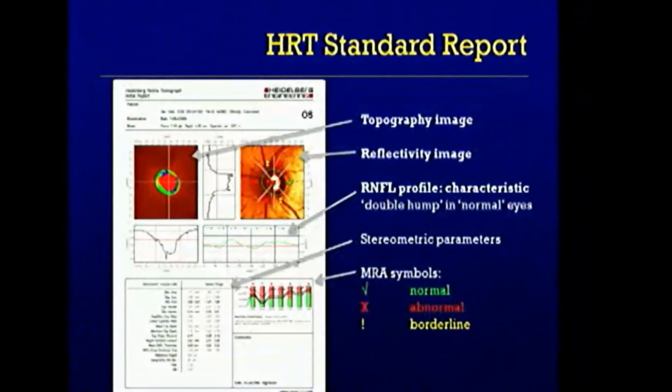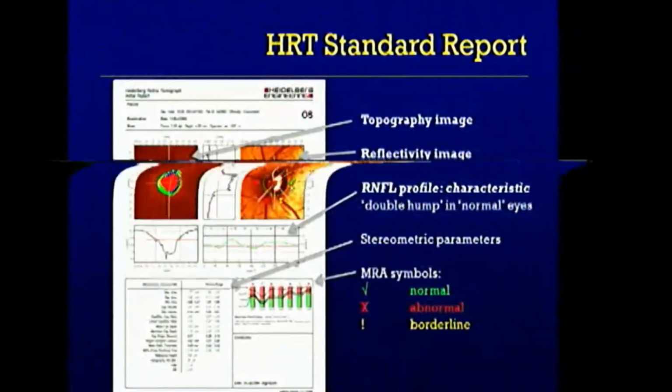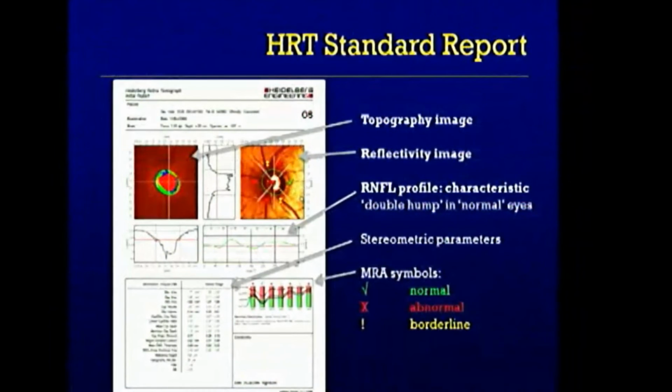Now, this is the report that we get printed out from the HRT, and what we see here is the green is the contour line, okay, and these crosses and ticks indicate whether the measurements are within a statistically normal range.